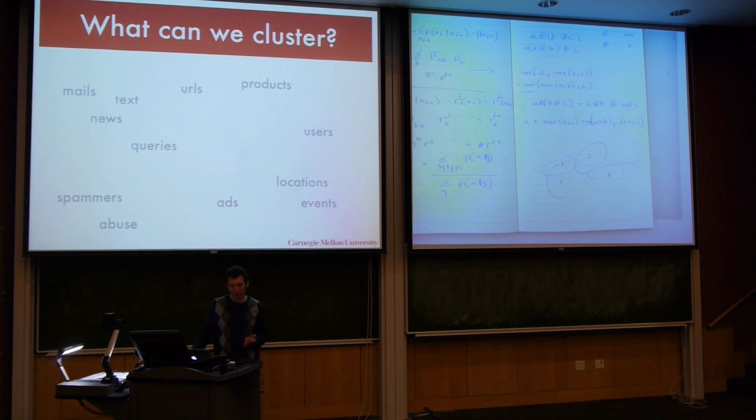So for instance, for spammers, maybe there's one spammer who really sends out a specific set of spam. You've probably heard about the 419 scam, basically the Nigerian spam. This will cluster very nicely. If you think about all the spam that you're receiving, you can very easily categorize it into certain subtypes.